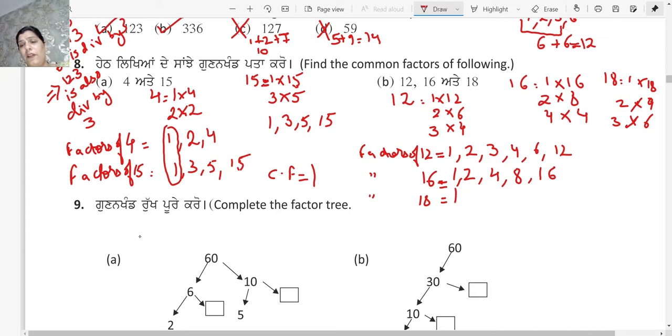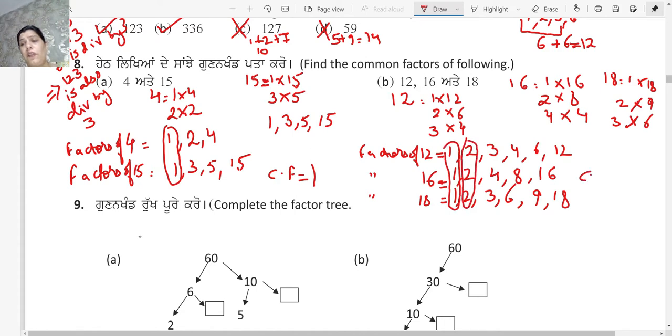So the factors are 1, 2, 3, 6, 9 and 18. So students, you can see that the common factors are 1 and 2.